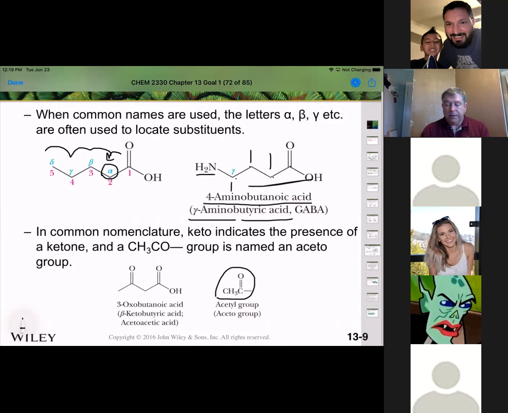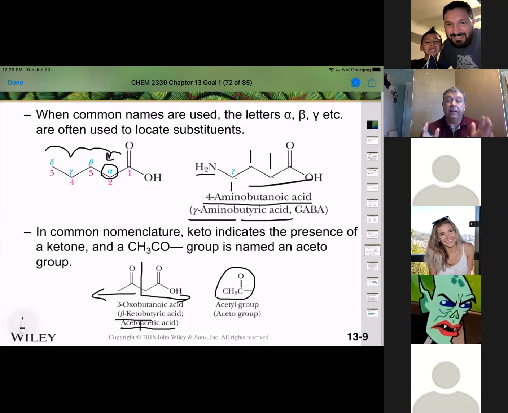This carbonyl with a methyl group on it is called the acetyl or aceto group, okay? Those are commonly used in common names. So in this case here, we have beta-keto butyric acid or acetoacetic acid. The aceto group here, because this is hooked to it here, this is the acetic acid group, and this is the aceto group, okay?